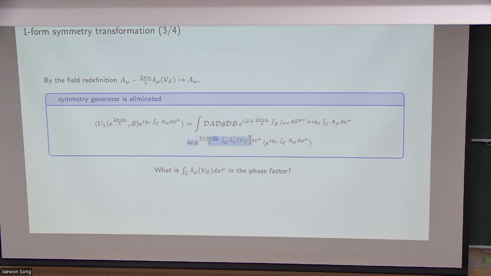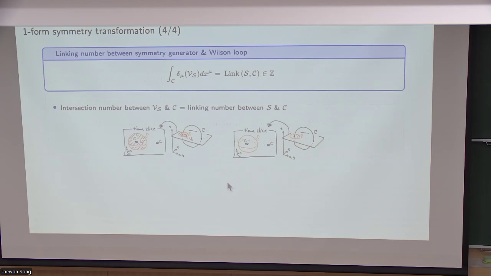In particular, this integral is a linking number between C and S. S is the surface of the symmetry generator, and C is the world line of the Wilson loop.